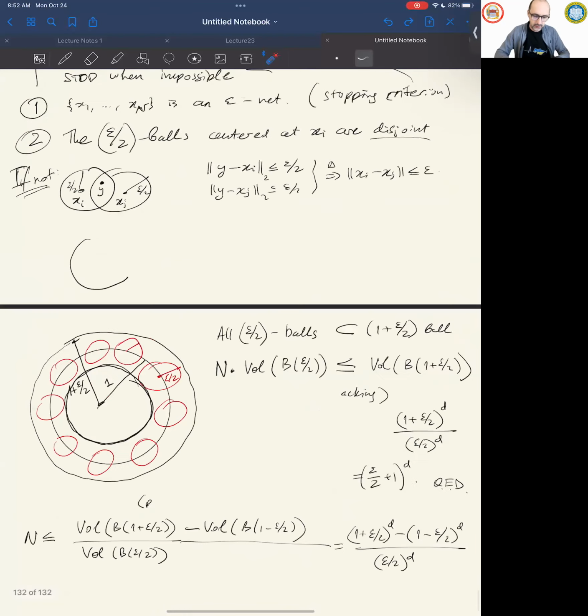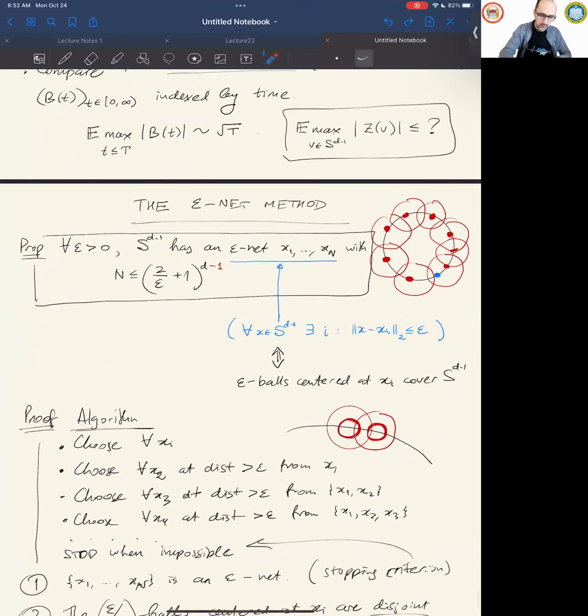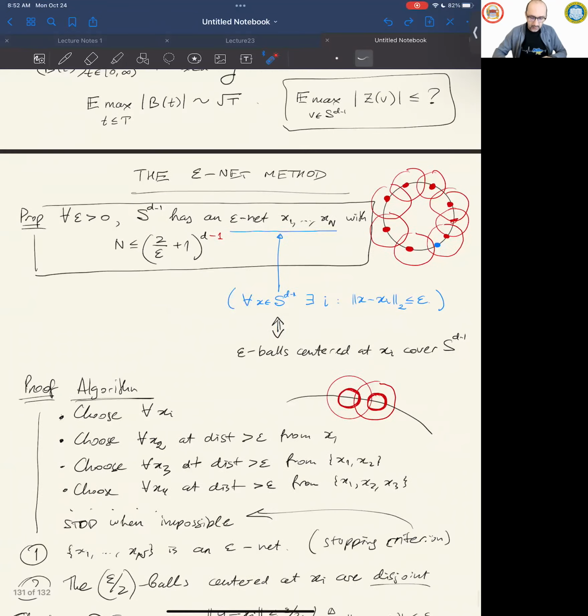Anything else? Any other questions? Good. Okay, so we did one important thing. We found an epsilon-net, a discretization of the sphere with a small number of points, and small exponential, but yeah, that's the truth.